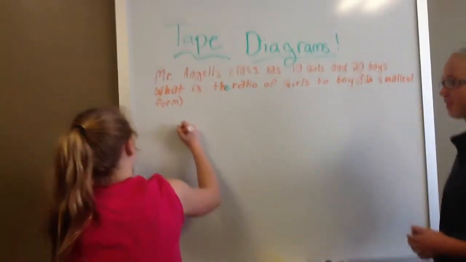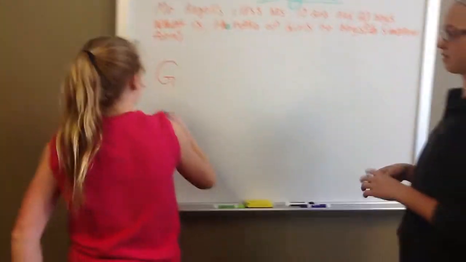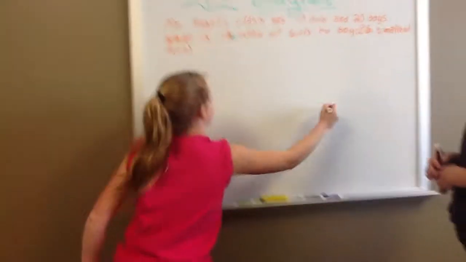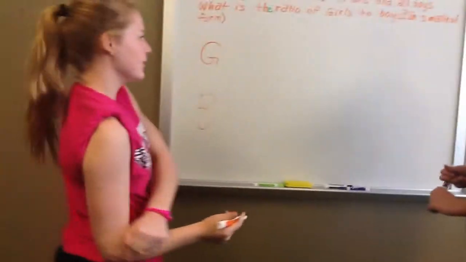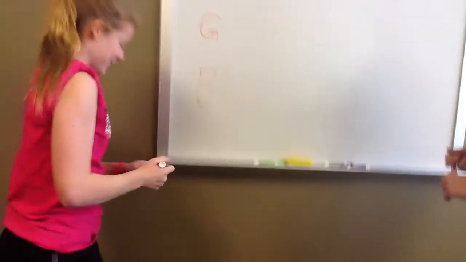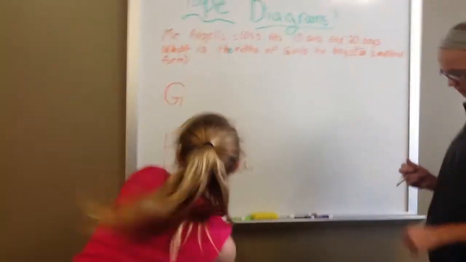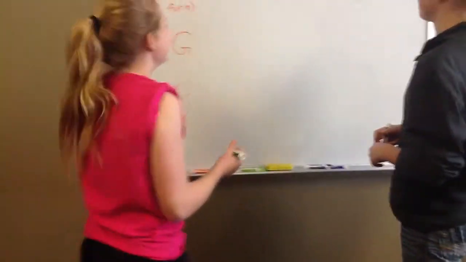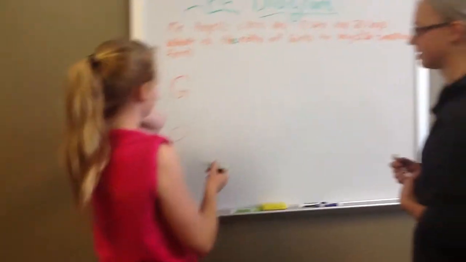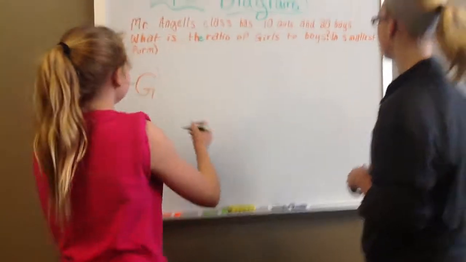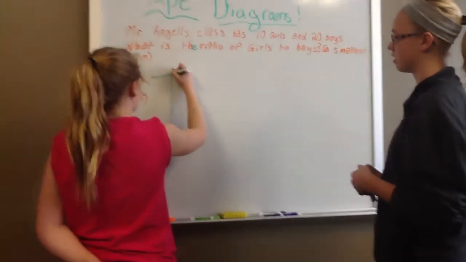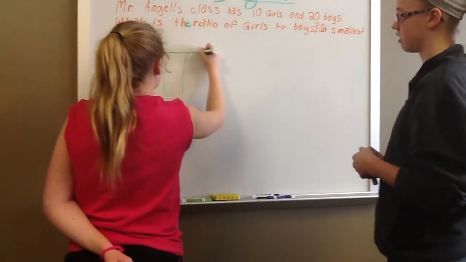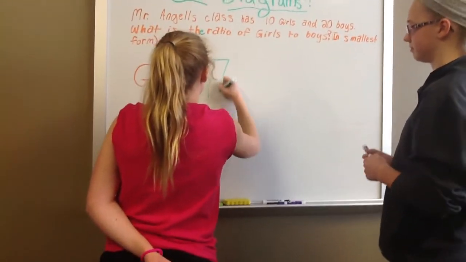Okay, so we're first going to write G to B for girls and boys. So we're gonna make 10 girls, 10 boxes.